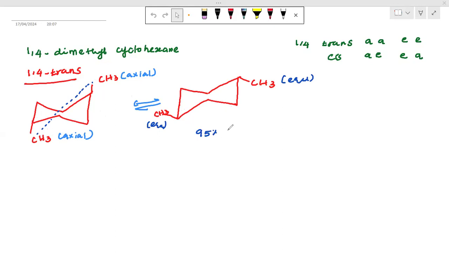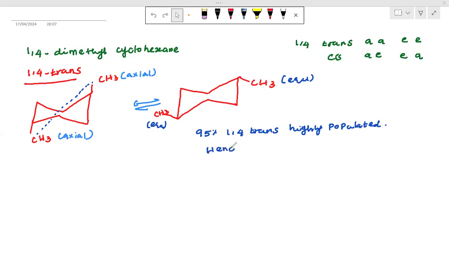So 95% 1,4 trans is highly populated. Highly populated means that will be the more stable. So it is more stable than the cis form. Sorry, more stable than the diaxial.